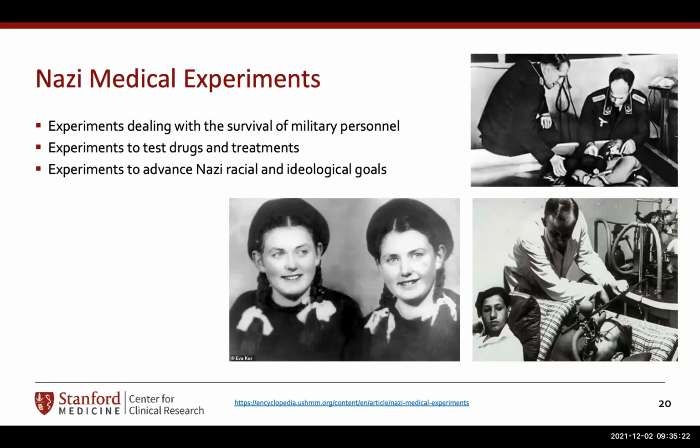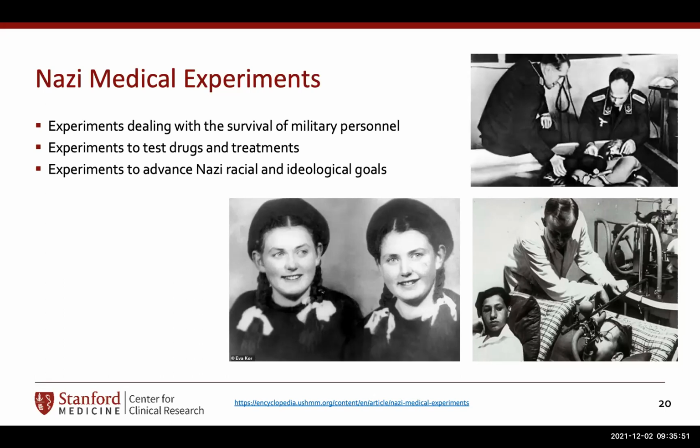This included immunization compounds and antibodies for the prevention and treatment of contagious diseases, such as malaria, typhus, tuberculosis, typhoid fever, yellow fever, and infectious hepatitis. Prisoners were exposed to mustard gas, bone grafting, and were tested with new sulfa drugs.